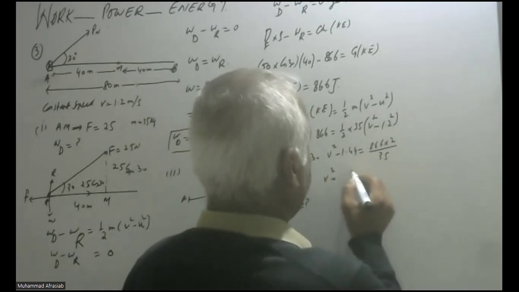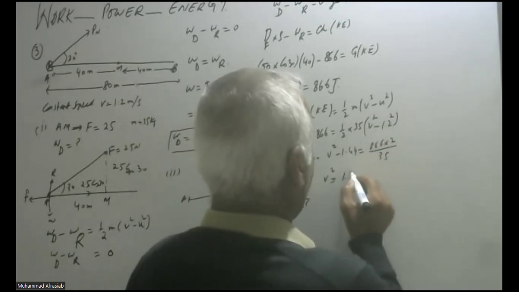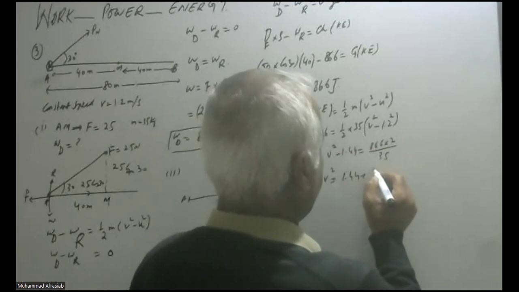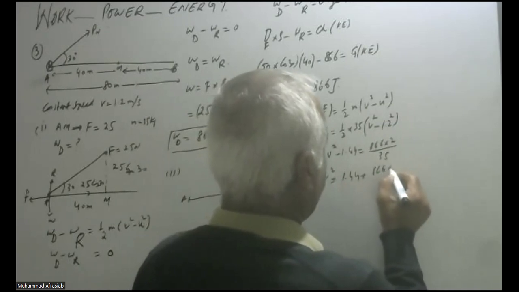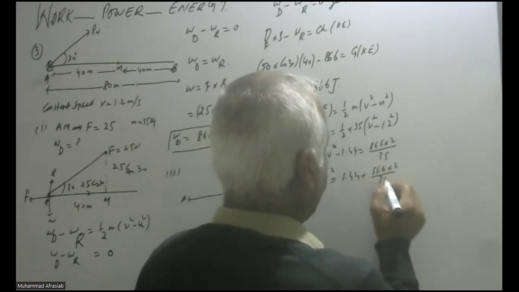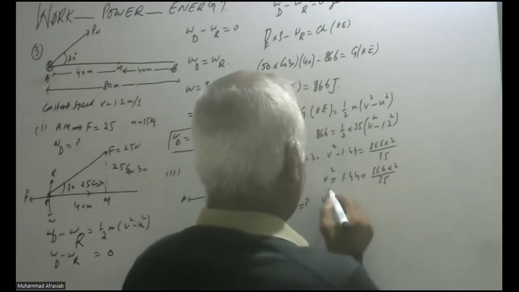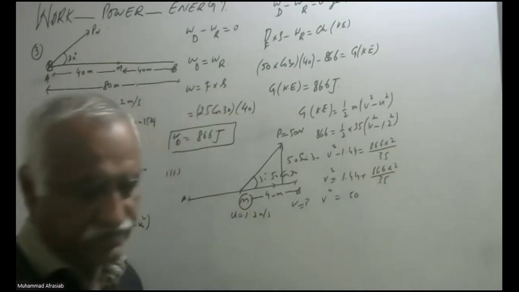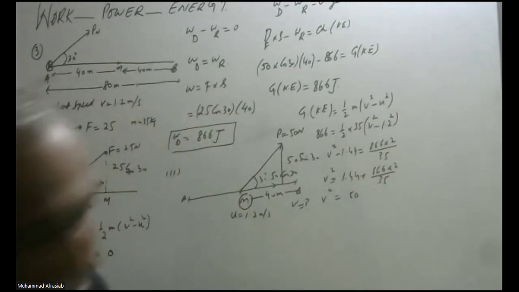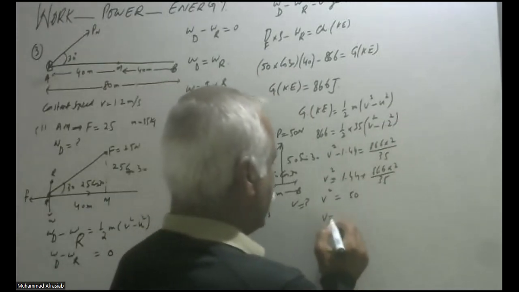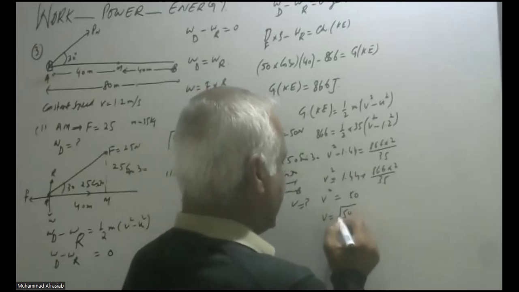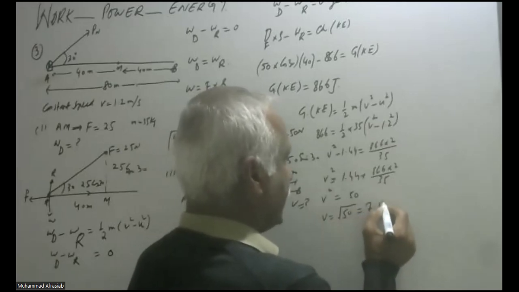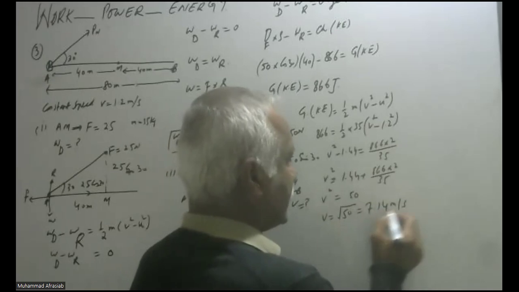So v square is equal to 1.44 plus 866 times 2 divided by 35, which is 50. And v will be equal to the square root of 50, which is 7.14 meters per second.